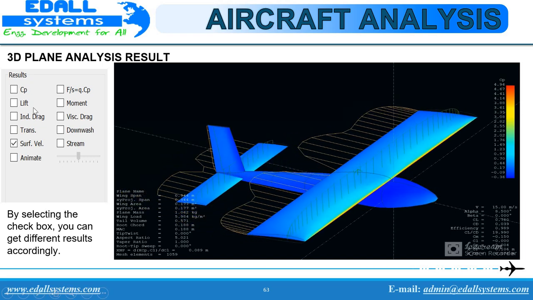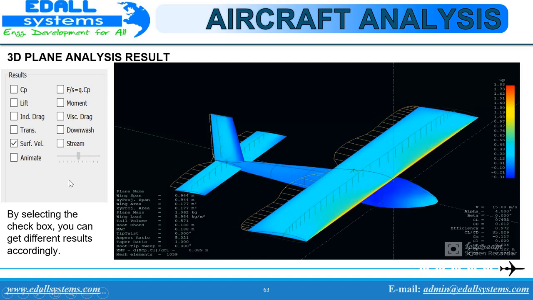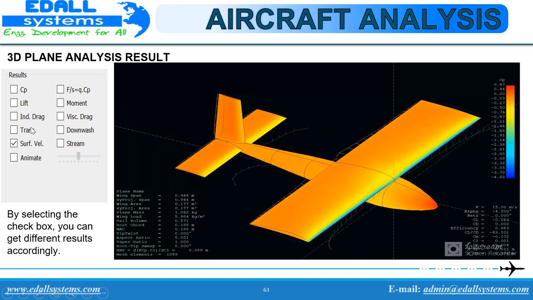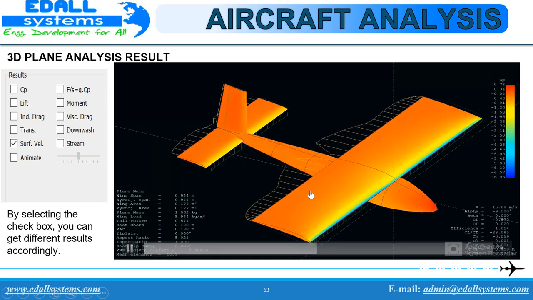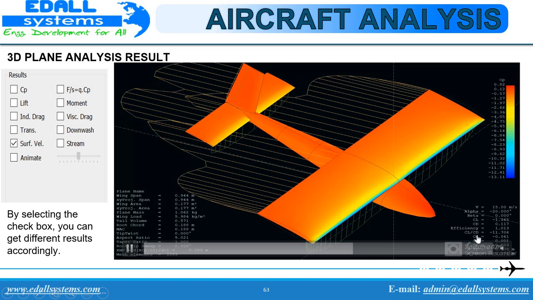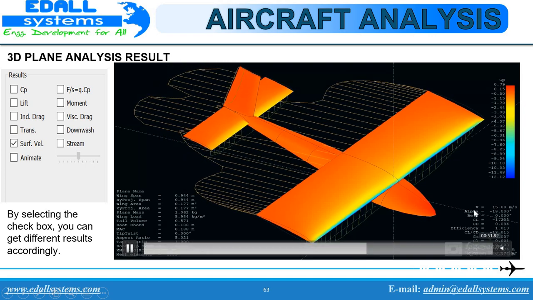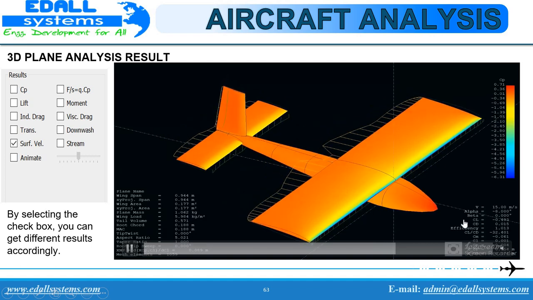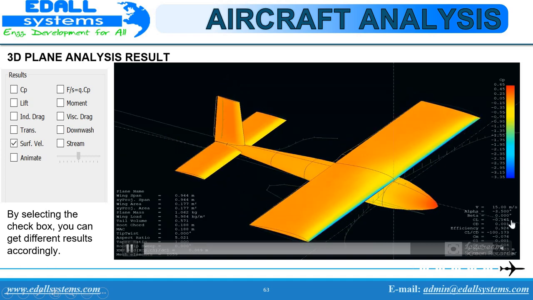As you can see under results, by selecting the checkbox, you can get different results according to what we want. We can either select everything and then animate, or we can check the result for one by one. Bottom right corner, we have the velocity, alpha, beta, CL/CD, the glide ratio, and all the values that we'll be getting for the aircraft analysis for different alpha and angle of attack.